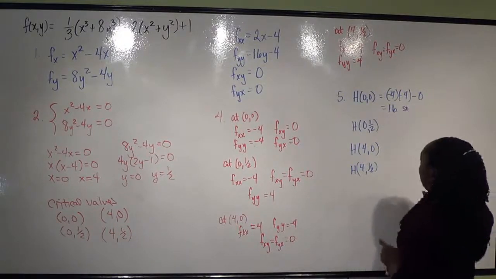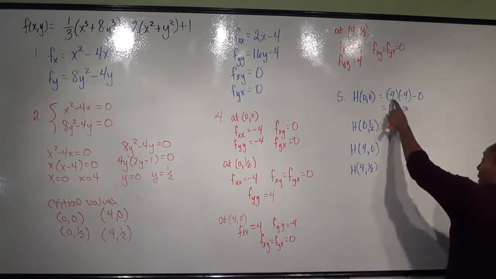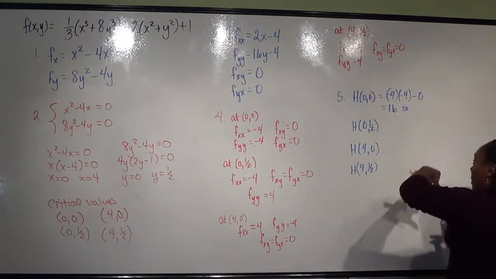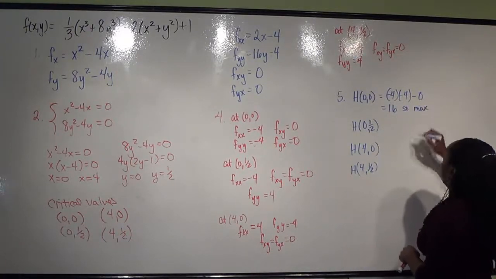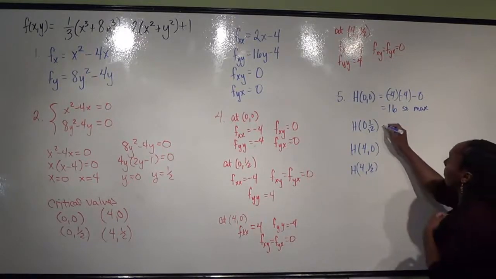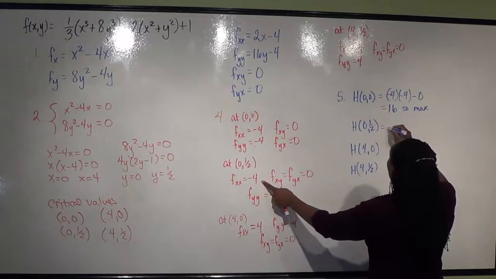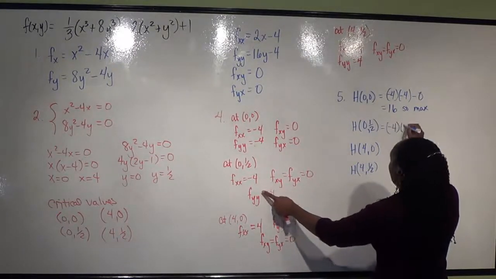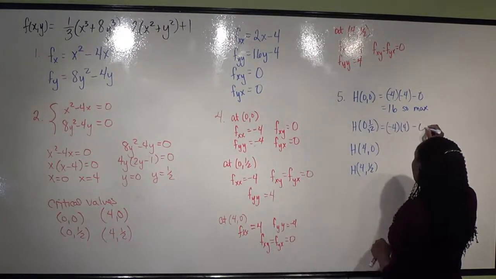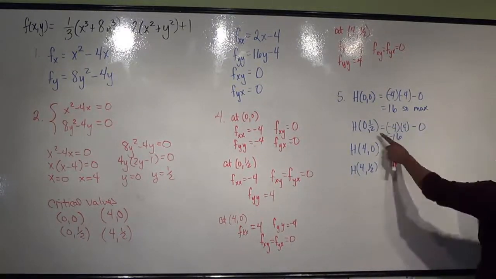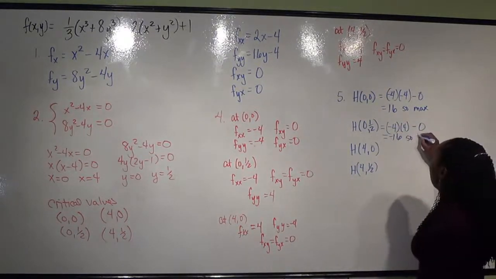So this one is positive, and the sign here is negative. So both are concave down, so this will give a max. At 0, 1/2, we're looking at -4 times 4 minus 0, which is going to give us a -16. Negative Hessian means a saddle.